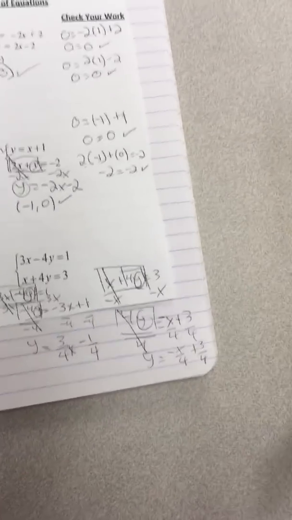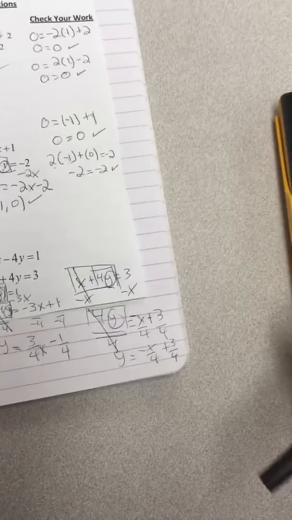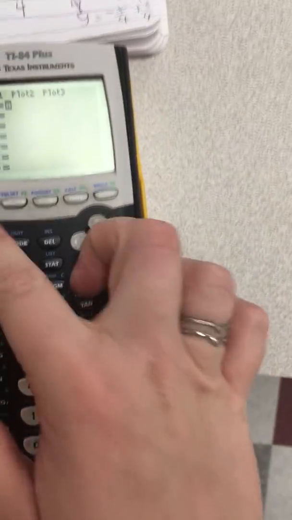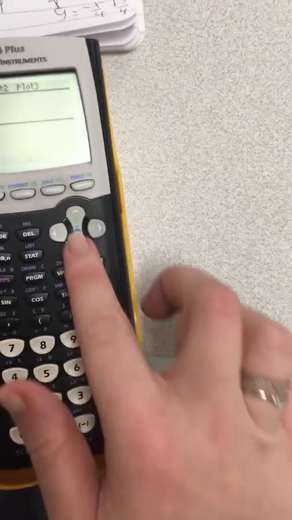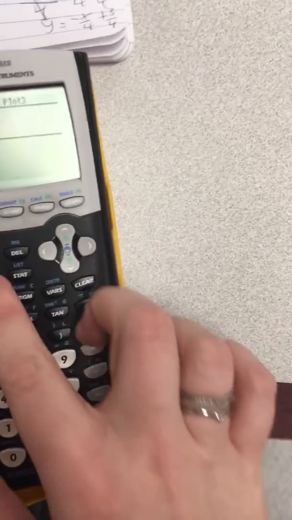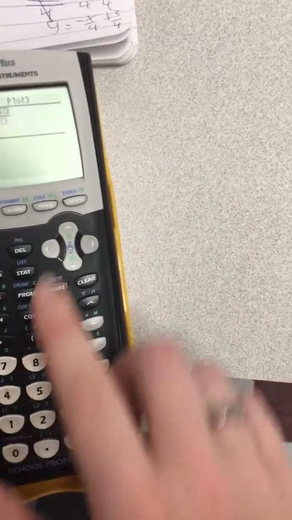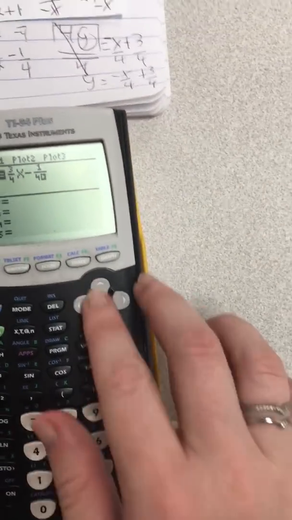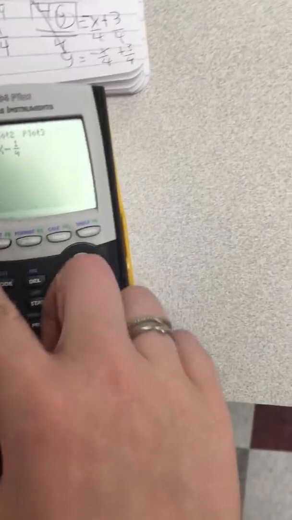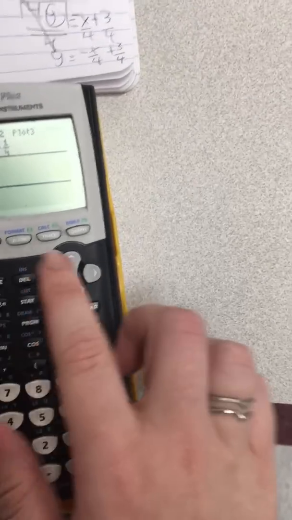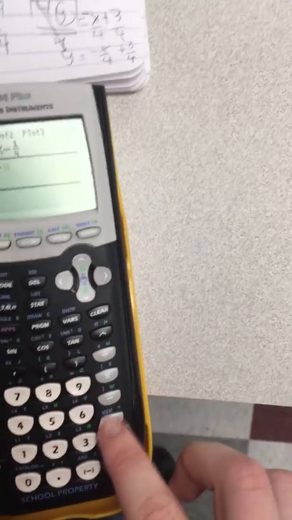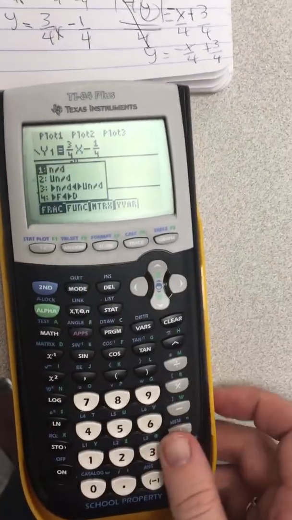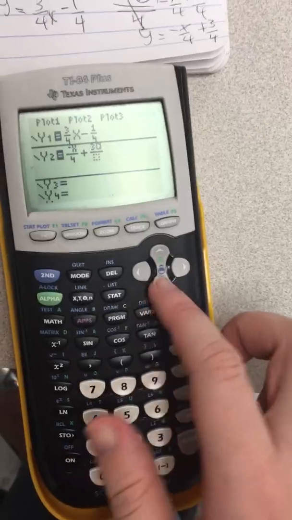Now I can go ahead and plug them in my calculator and graph them. All right, so we got 3 over 4x minus 1 over 4. And then we have negative x over 4 plus 3 over 4.